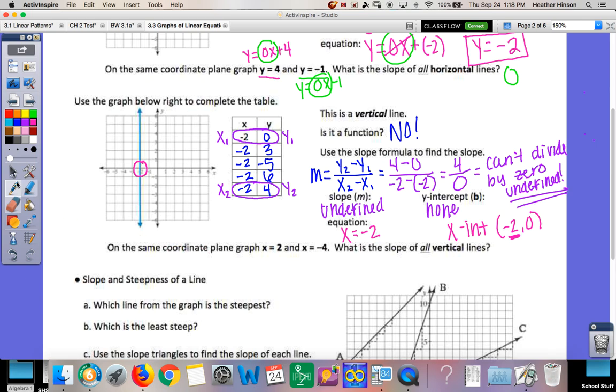So on the same coordinate graph, we are going to do x equals 2 and x equals -4. Now, because they're x-equal, these are going to be vertical. X-equal meant there was no slope and there's no y-intercept. There is an x-intercept, and that x-intercept is whatever this number is. So 2, 0. So we go over to 2, and we draw a vertical line.